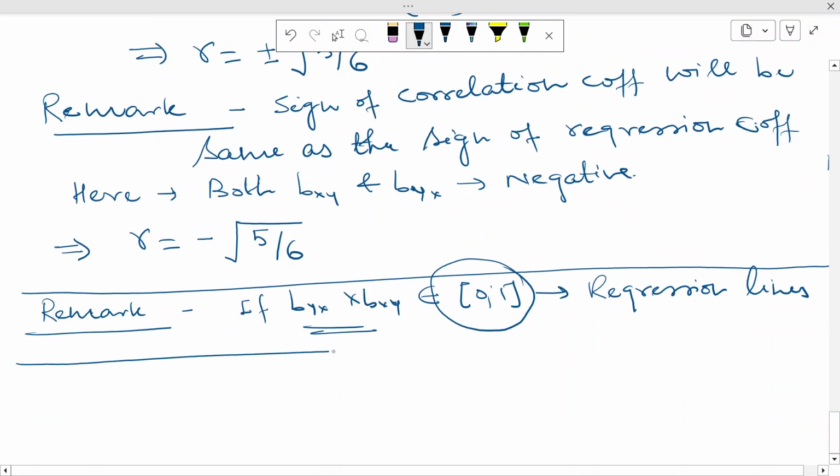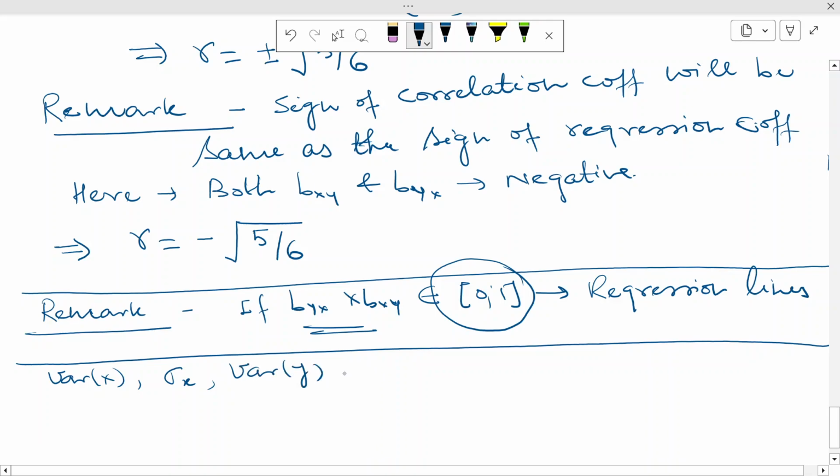Now sometimes we are given one of these quantities, meaning either the variance of x, or the standard deviation of x, or the variance of y, or sigma y. One of the quantities is given, and we have to obtain the other.